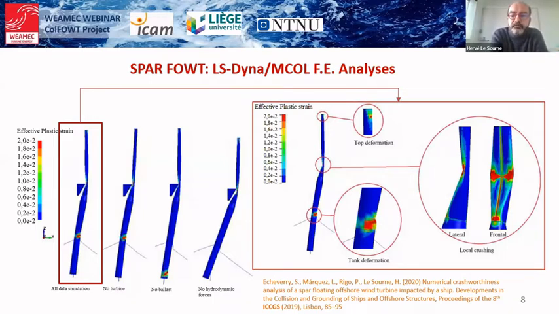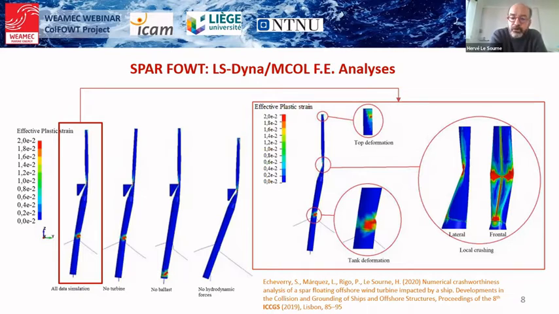Here, we can see a spar wind turbine, which is impacted by a 5,000 tons offshore supply vessel. And these finite element simulations show that the mass of the rotor nacelle assembly, the mass of the ballast, and the action of hydrodynamic forces play an important role in the response of the floating wind turbine.